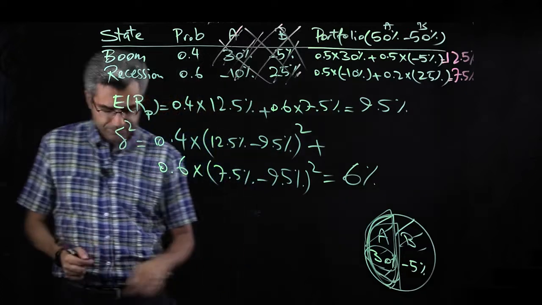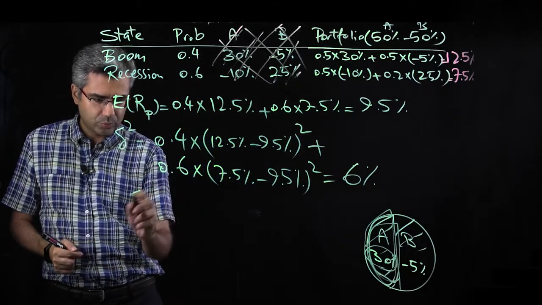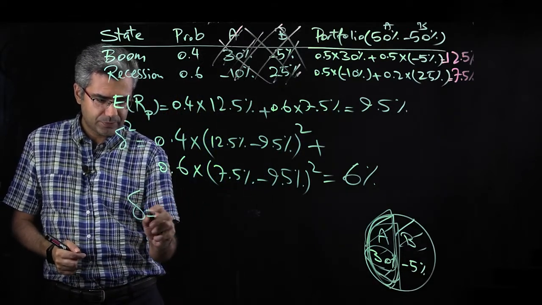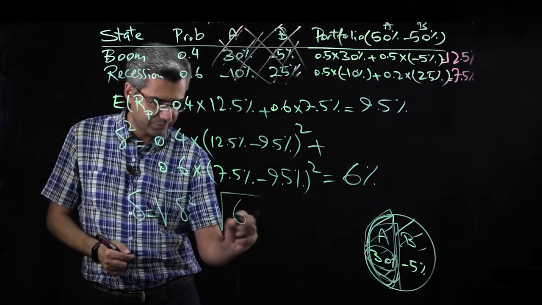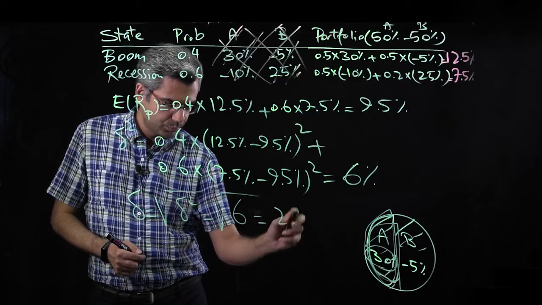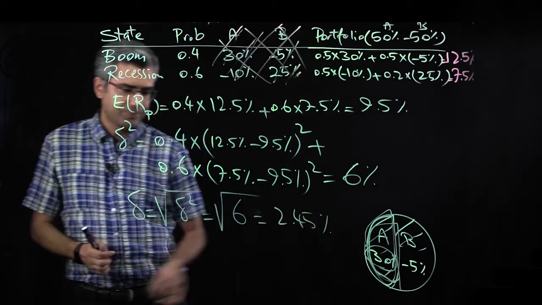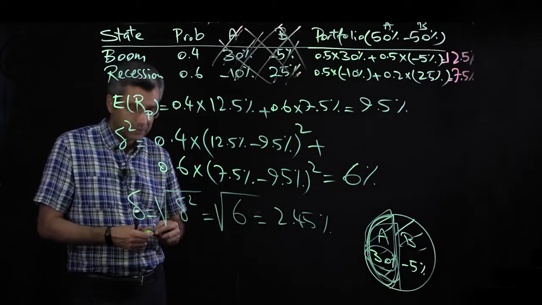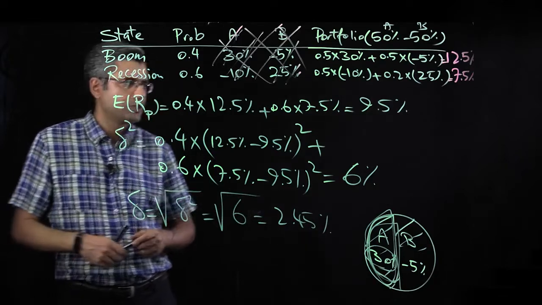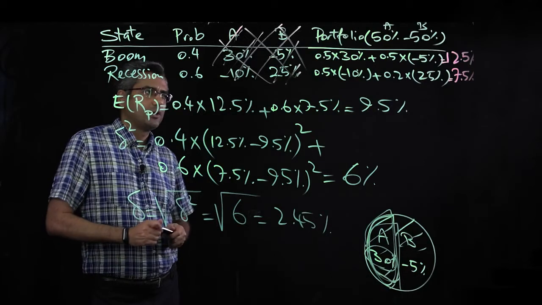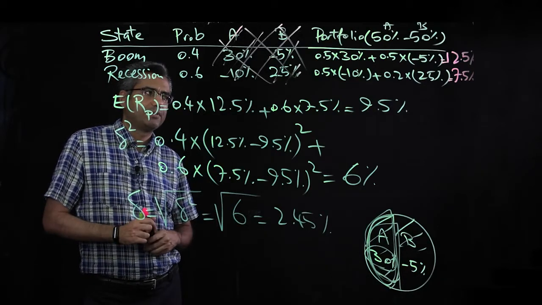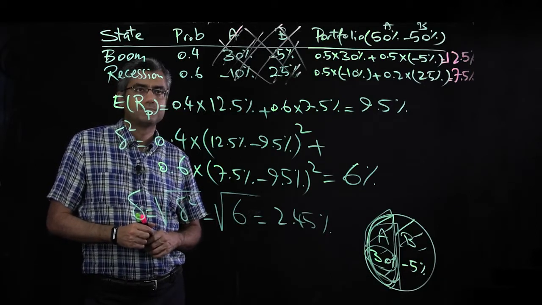Now, what will be the standard deviation? Standard deviation is the square root of variance. So square root of 6 gives you 2.45%. So the risk that you are taking is 2.45% for this portfolio, and the expected return will be 9.5%.